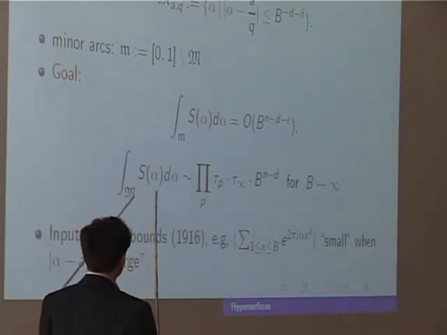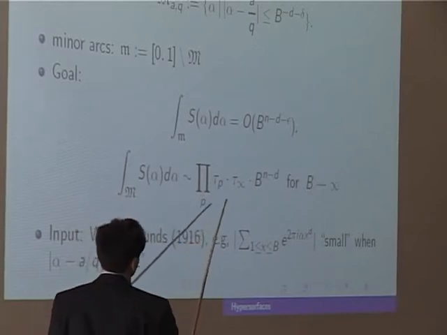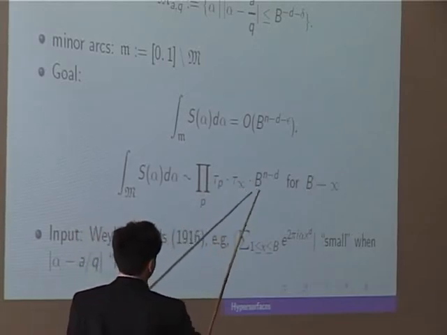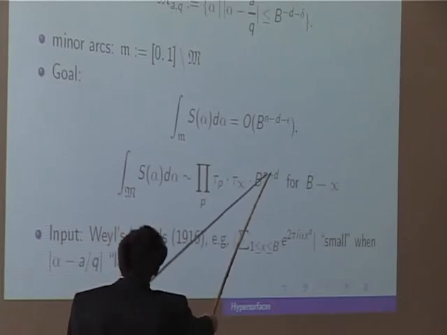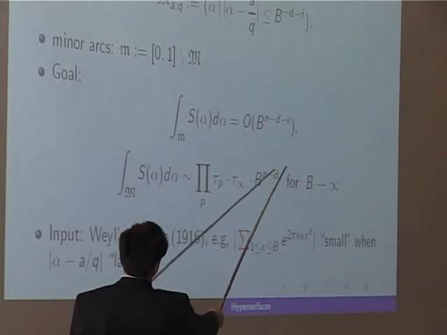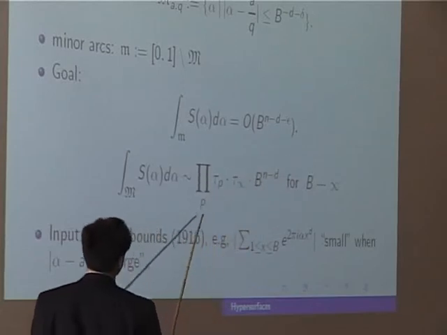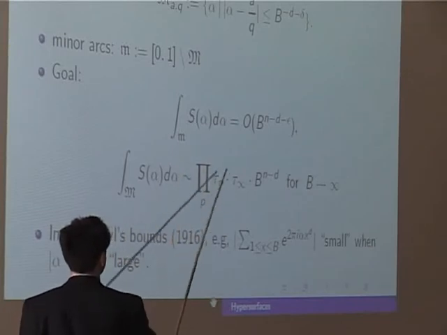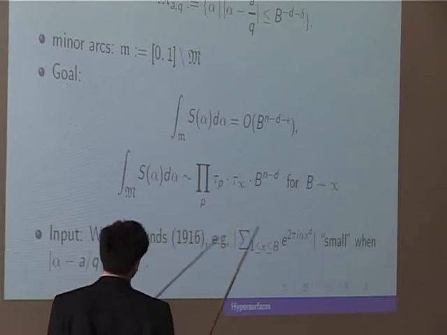And then the integral over the major arcs should converge to what we expect, B to the n minus d if we have n variables, and otherwise n plus 1 minus d, as B goes to infinity. And then there's going to be a product of local densities, over all primes and at infinity.